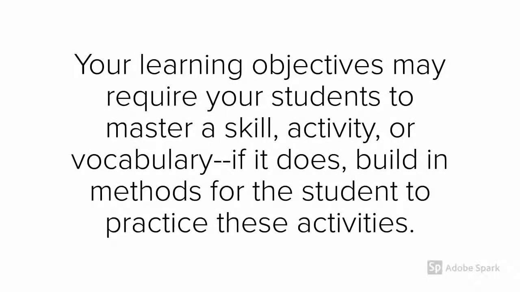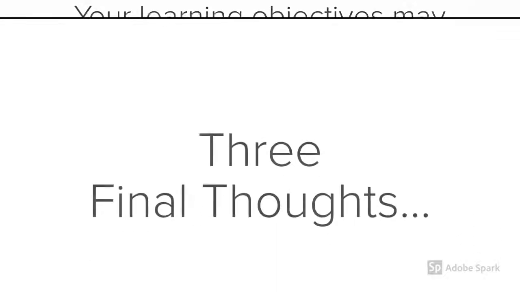Maybe they have to master some kind of activity, maybe it's vocabulary. If they do, you should build in some methods for your students to practice these activities, right? That should be part of your course design. Dee doesn't really go into this, but I think it's a really important component. So that is my plus one.